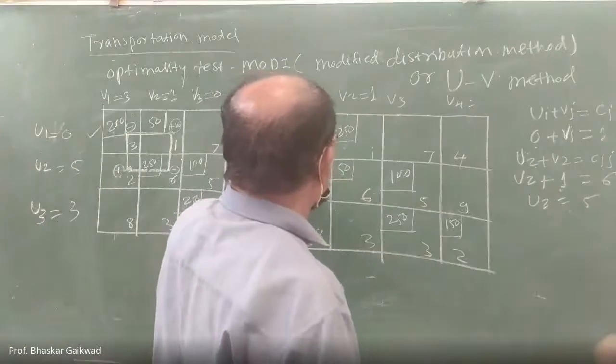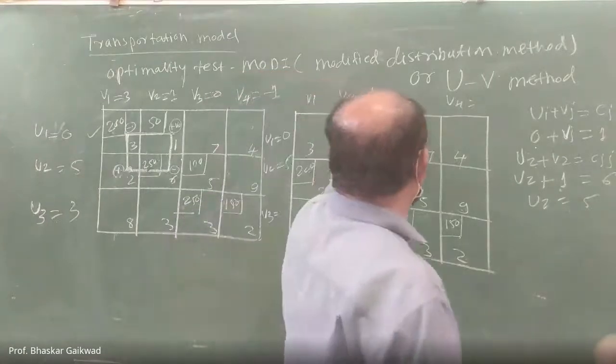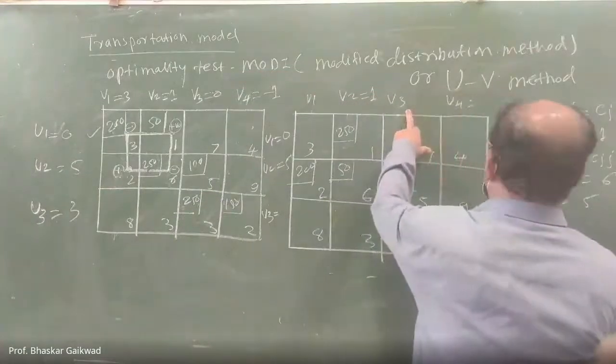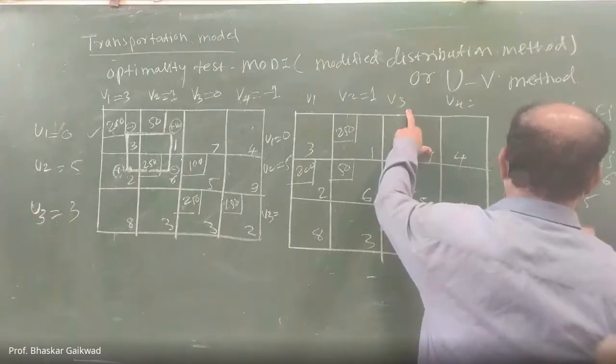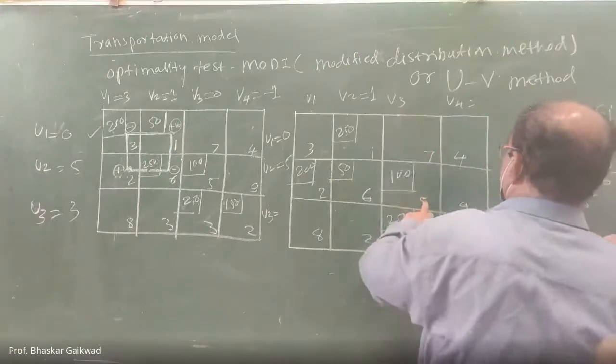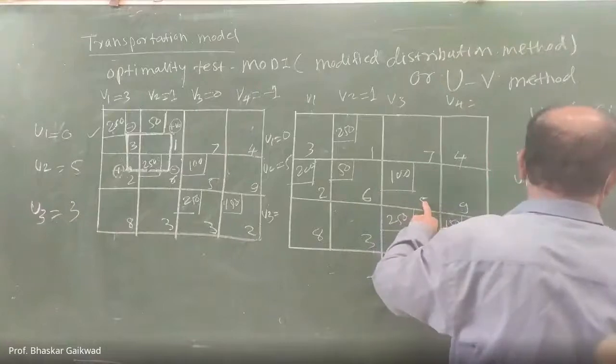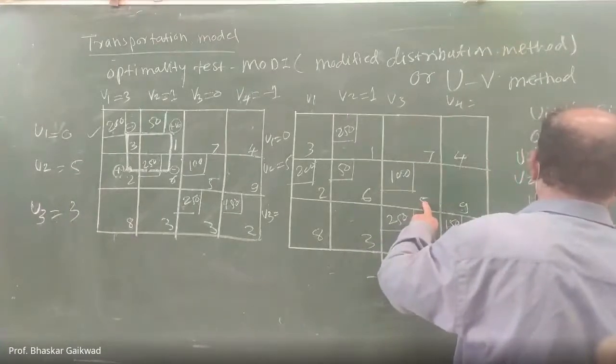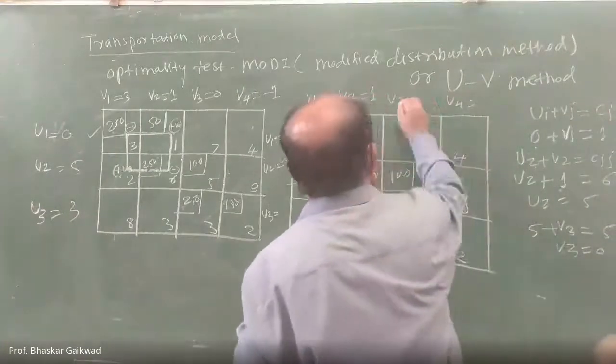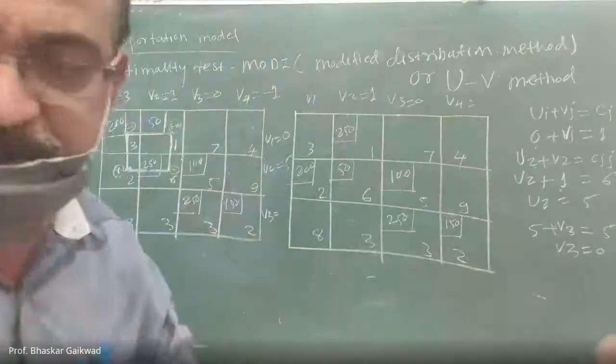After this, this we know, this we have to calculate. So 5 plus V3 is equal to 5. So V3 is equal to 0. So here it is 0. V3 is 0.